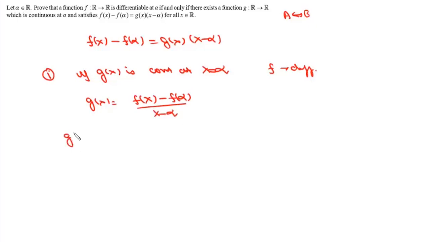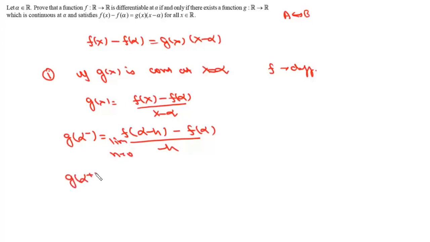Now if we write g(alpha) negative, it will be the limit h tends to 0 of f(alpha minus h) minus f(alpha) upon minus h, and g(alpha) positive will be the limit h tends to 0 of f(alpha plus h) minus f(alpha) upon h.